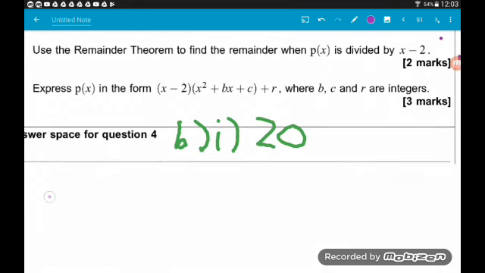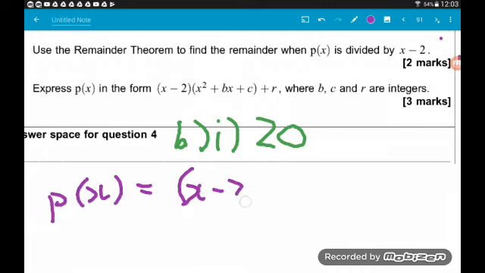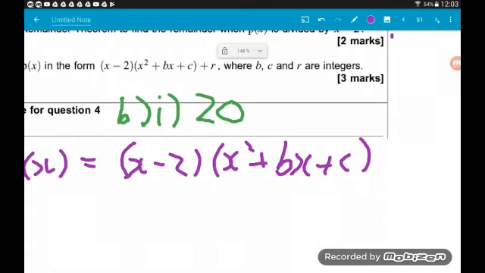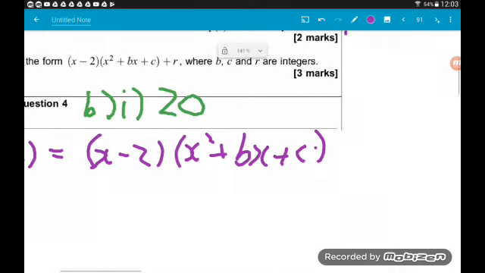So we can already write p of x is x minus 2 times x squared plus bx plus c, plus the remainder of 20 on the end, like that. So using this method, we're going to compare or equate coefficients. So the first one that's easy to find is c.